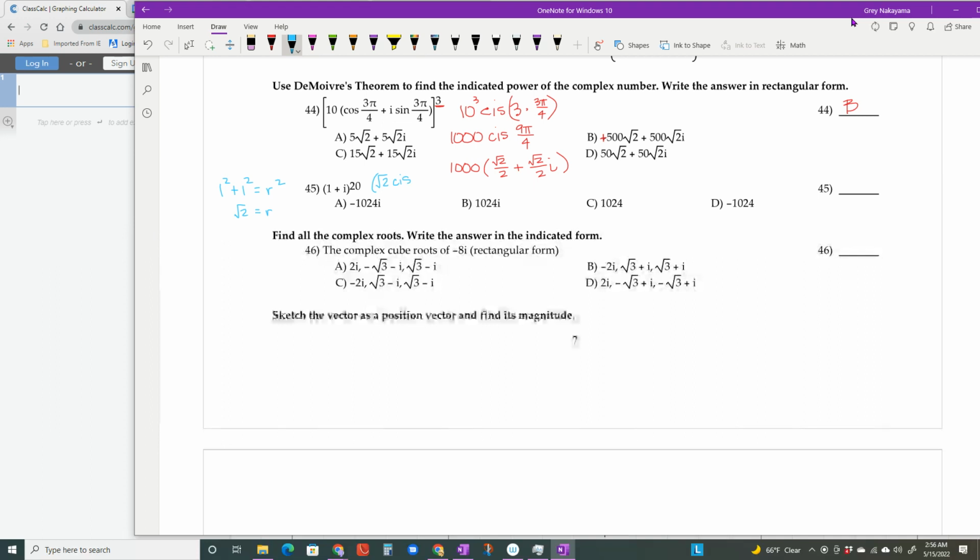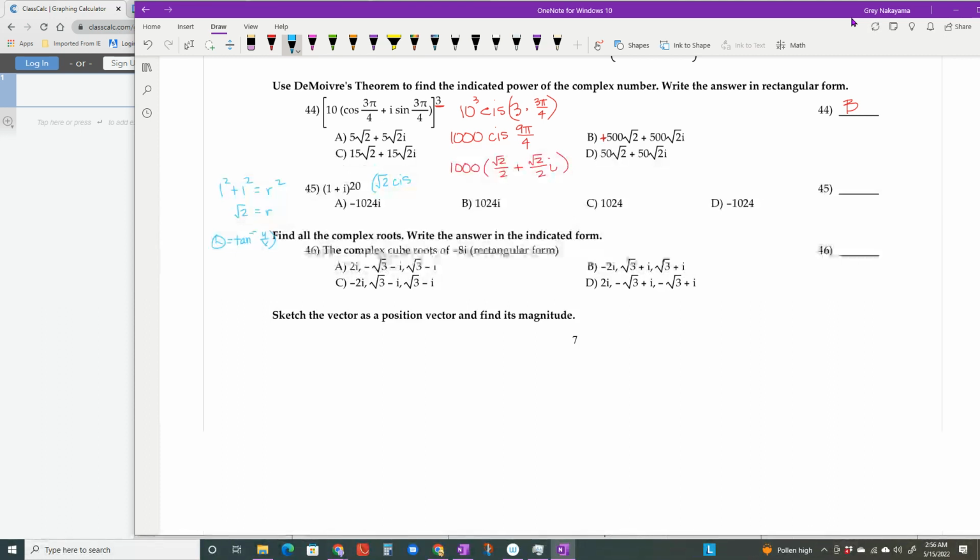And x squared plus y squared equals r squared, and theta is, well, the tangent of theta equals y over x. So theta equals the inverse tangent of y over x, which in this case is 1 over 1.